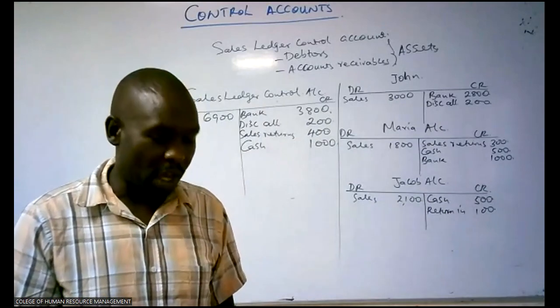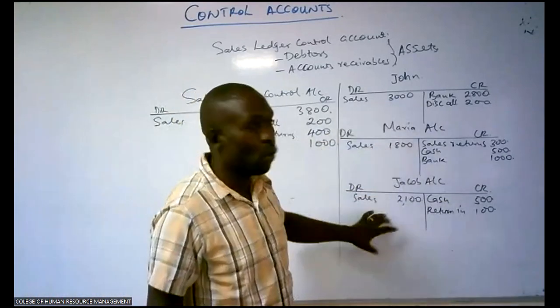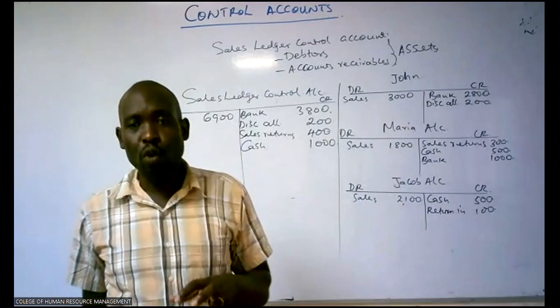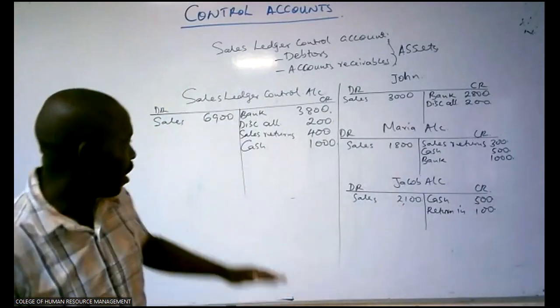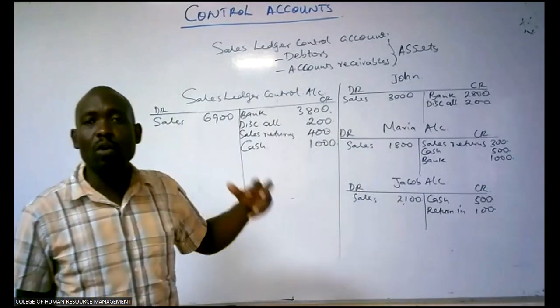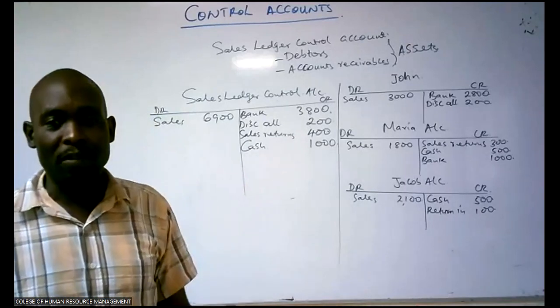So the sales ledger control account is actually a summary of all the individual debtors accounts. So it controls the debtors. At the end of the day, the balancing figure in this sales ledger control account is going to be used in preparing the financial statements of that particular business.